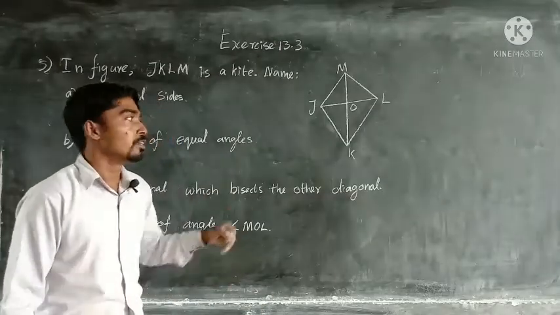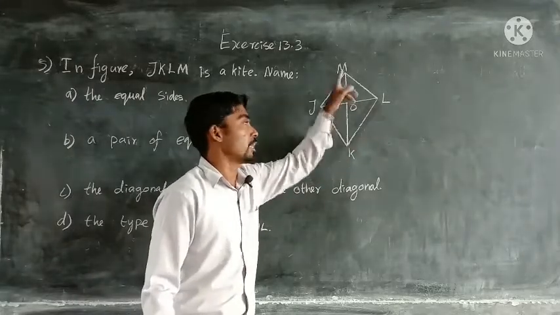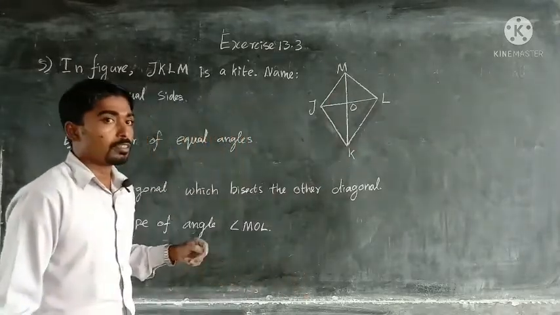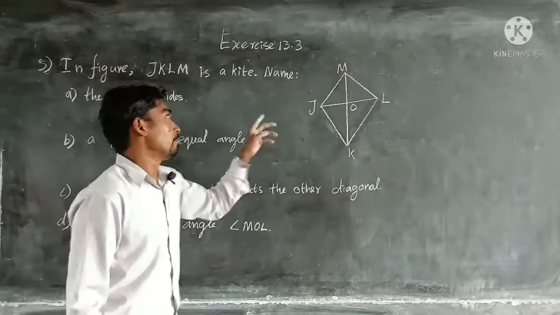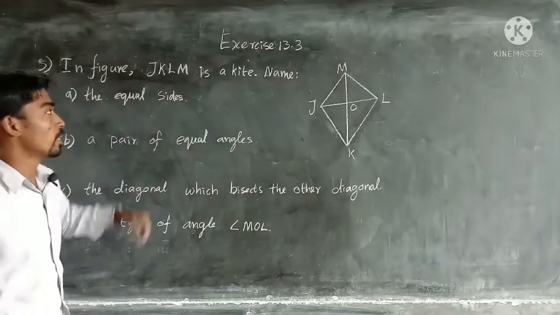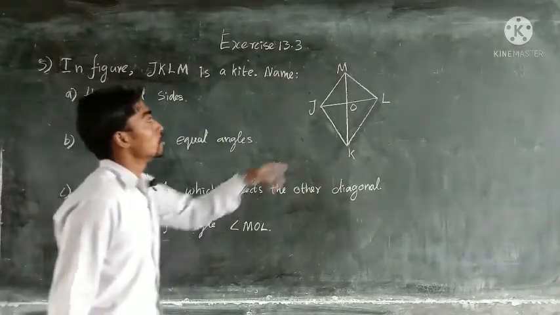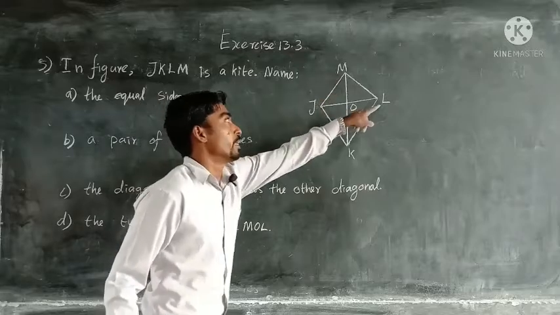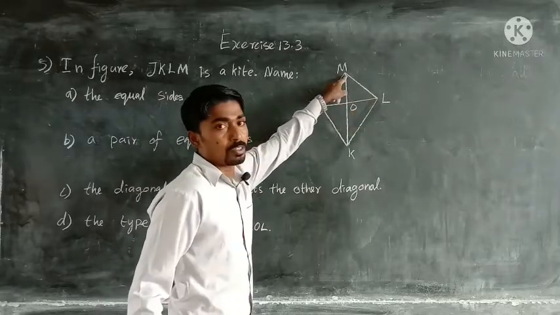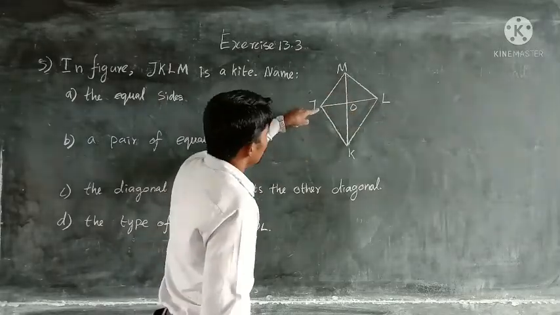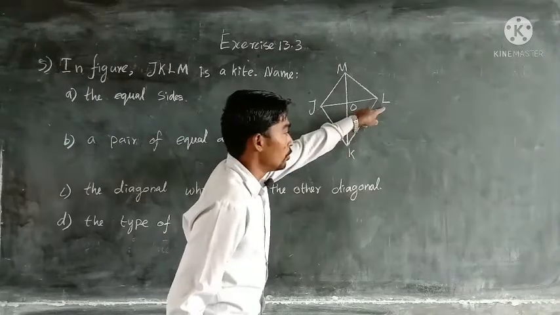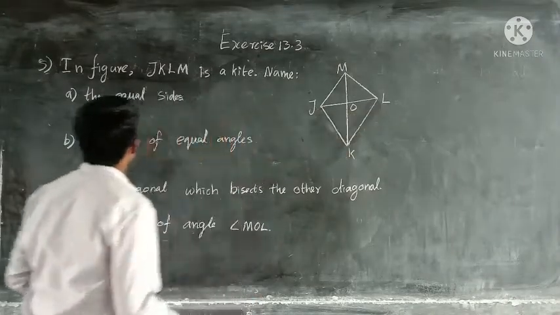Last question, JKLM is a kite. Now we are going to name the equal sides. Here JM and LM is equal and JK is equal to KL.